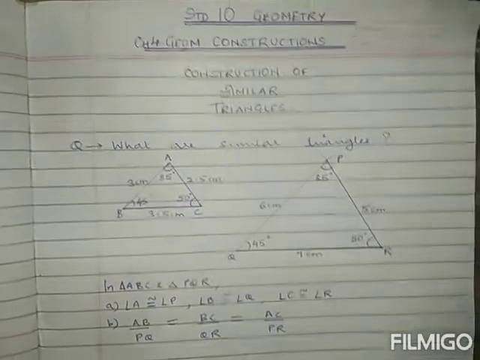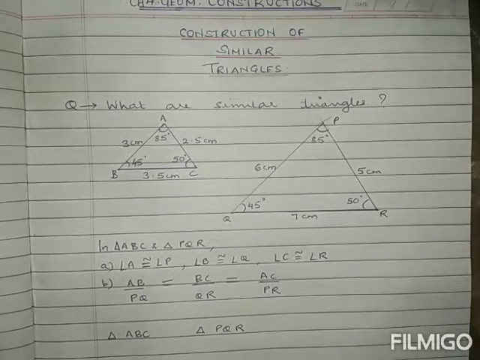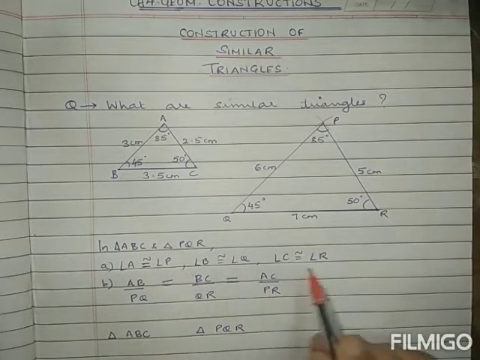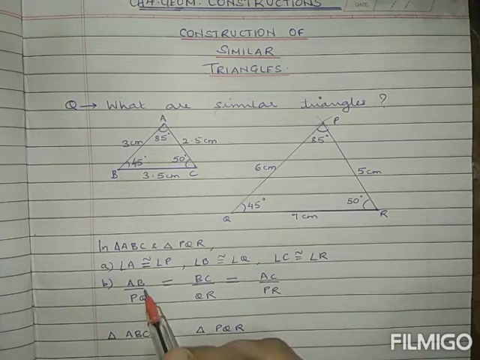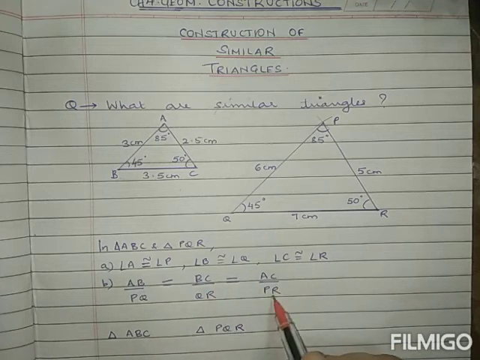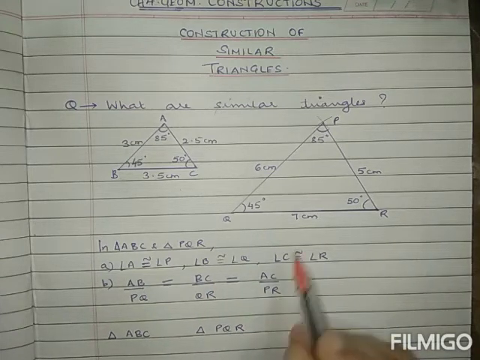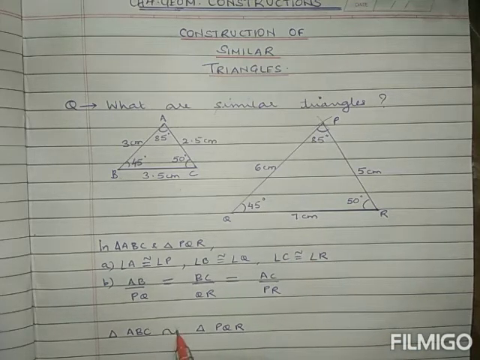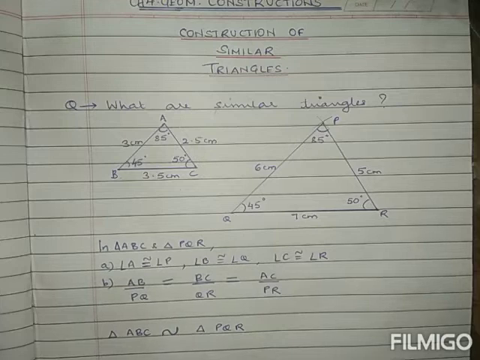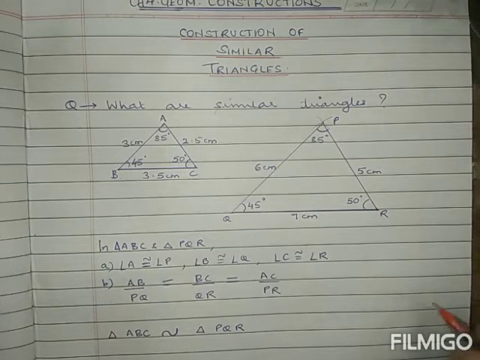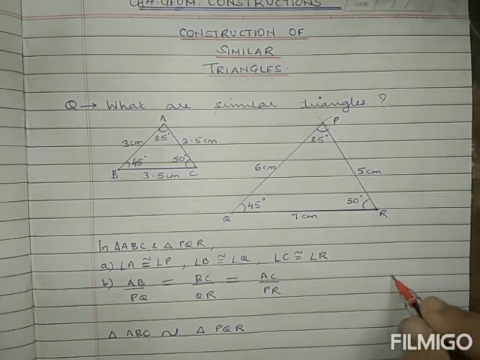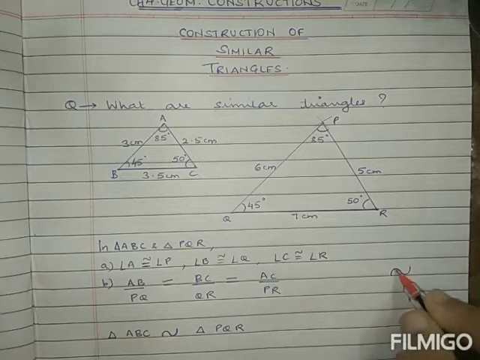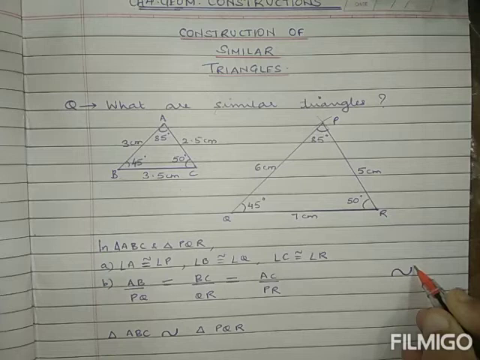So we will say that as the corresponding angles are congruent and the corresponding sides bear the same ratio, in this case it is half, these two triangles are similar to each other. Please remember the sign for similar is this. Okay, so it's a mountain and then a valley.